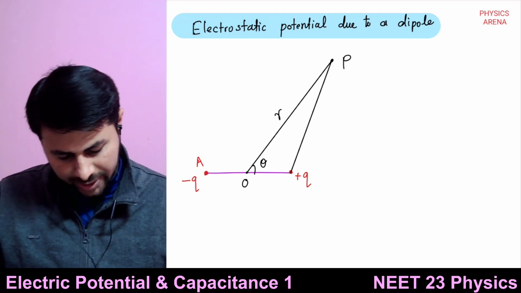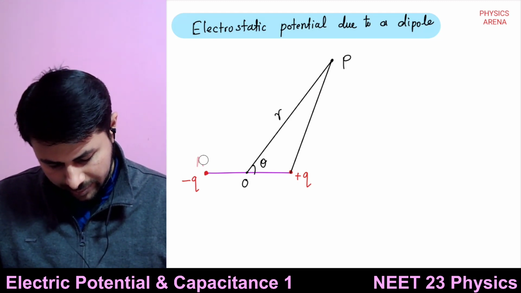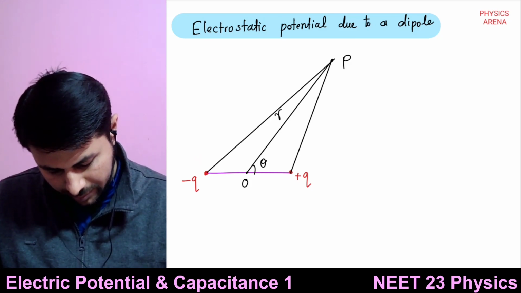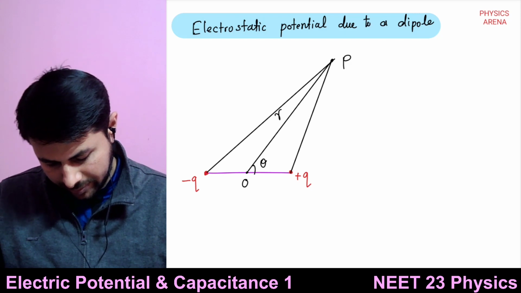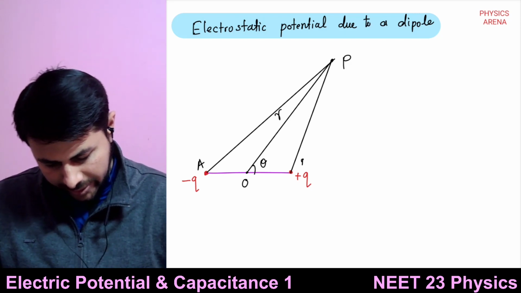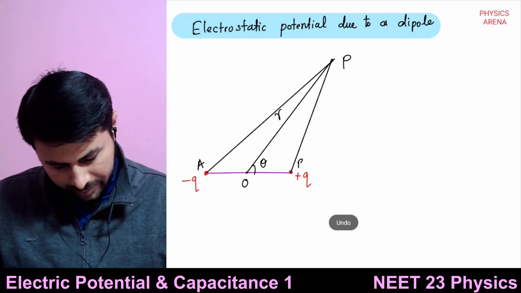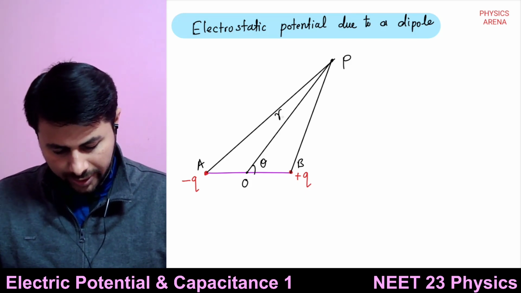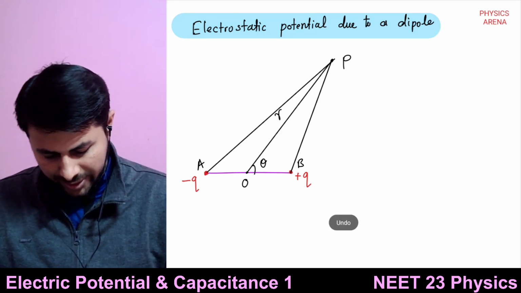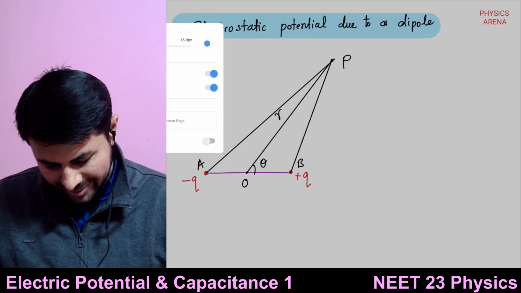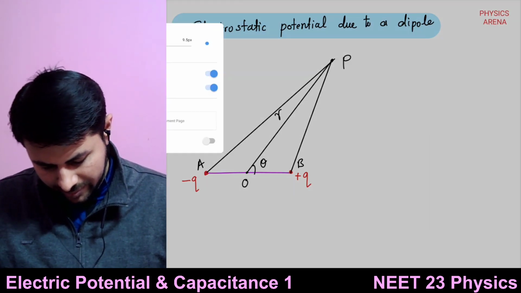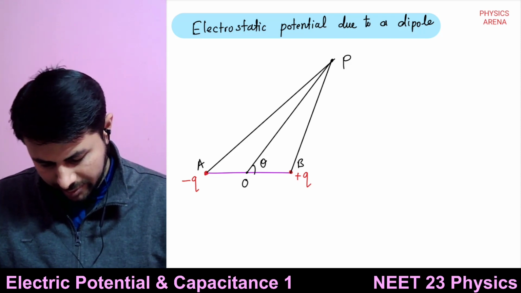This point is A, this is point B. What is R?